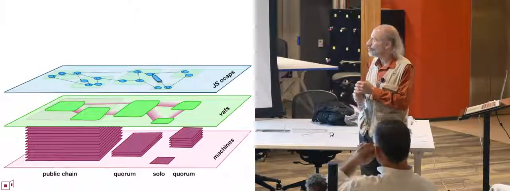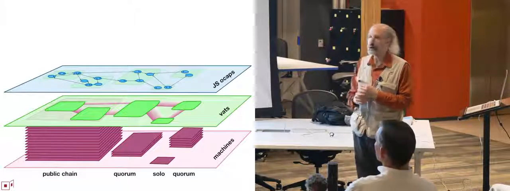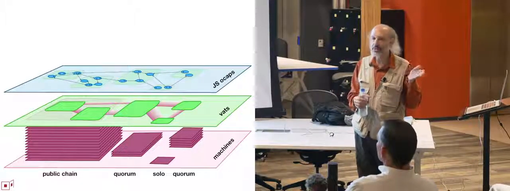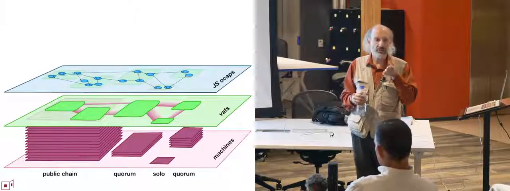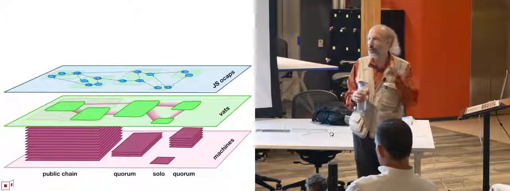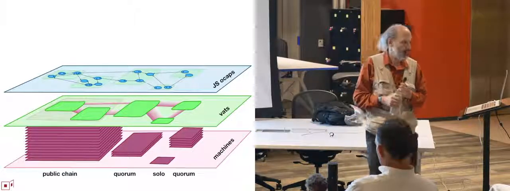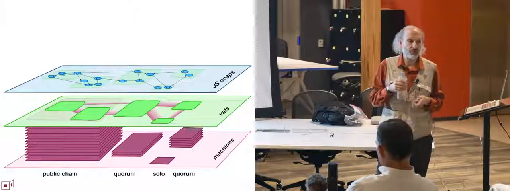And on top of that, we build a system of distributed secure objects, sending messages to each other, where one object can send a message to another, whether the other object is in the same VAT or a different VAT, or whether the other object is in a VAT on a different machine as well. We have a uniform fabric of objects sending messages to each other.